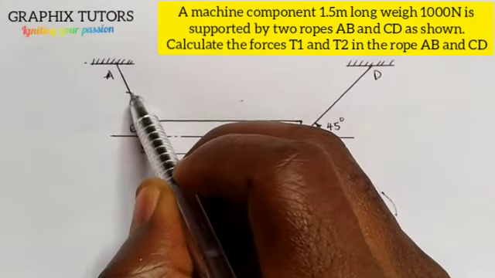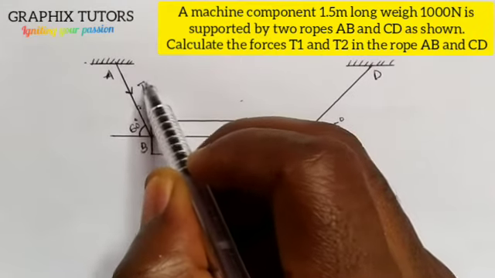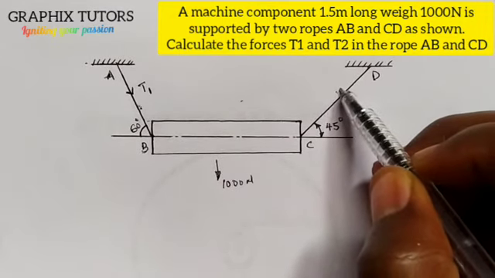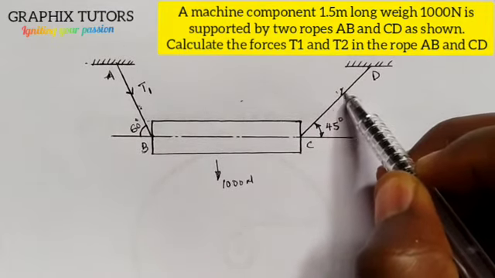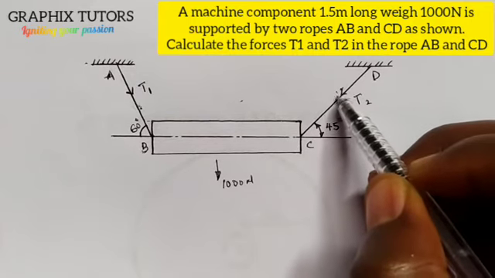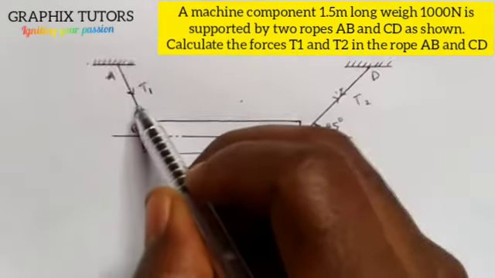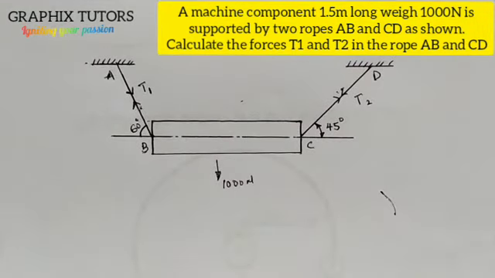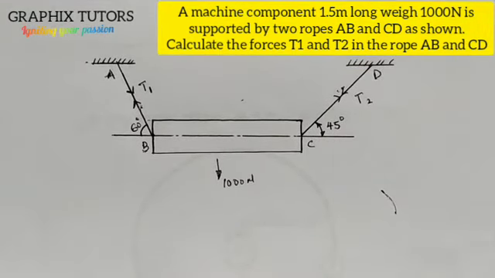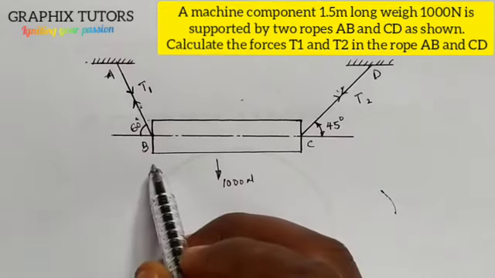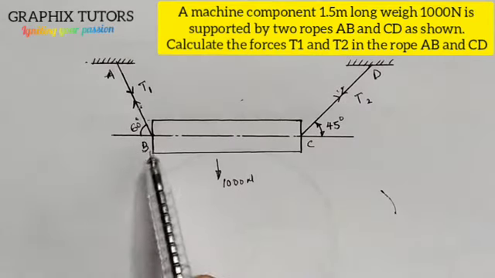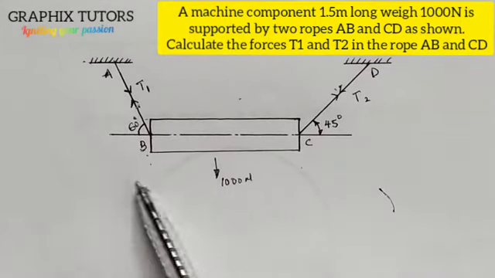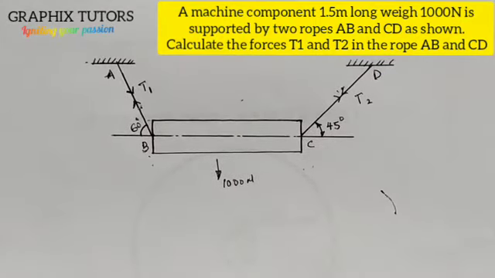You can put it this way, T1, and this way also, T2. There will be a tension at those 2 points. Now we are told the length of the machine component is 1.5, that means from here to 1.5. Since we are looking for the force, the length is not important.